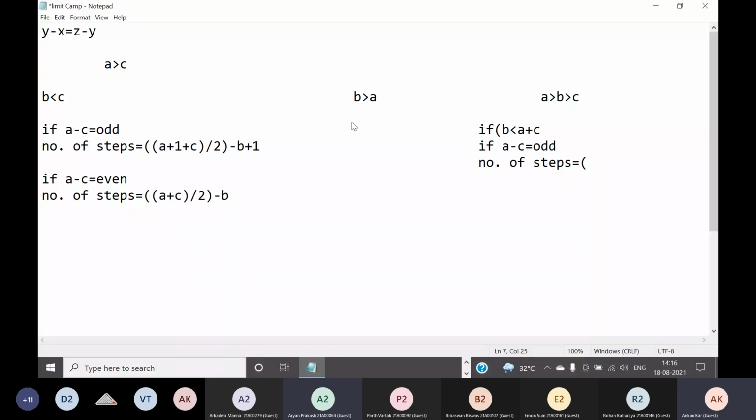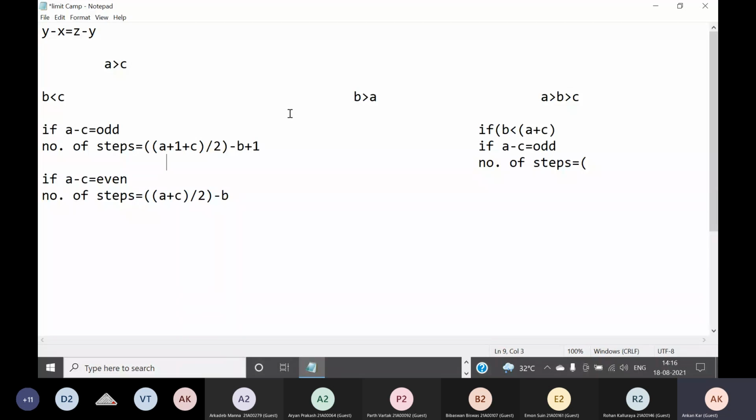I tried b is greater than a, but the exact answer is not the same as b is less than c. Exact answer is not the same, because taking a reflection will reverse the whole thing, right?